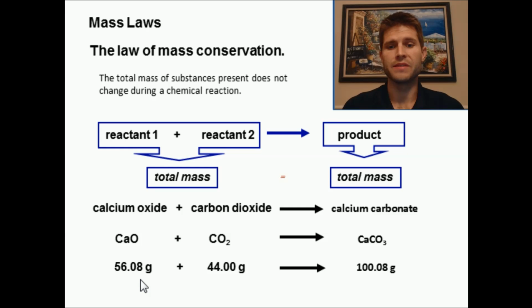That adds up to be 100.08 grams. So I knew without actually weighing anything that the final product's mass would weigh 100.08 grams. So this is how we use the law of mass conservation. Very, very powerful law. We'll be using it a lot.